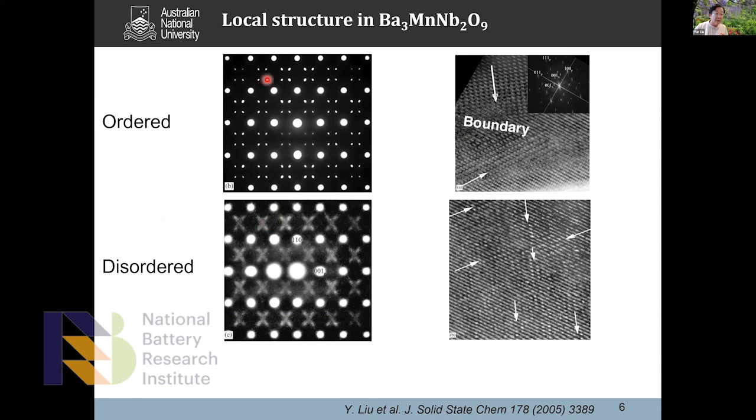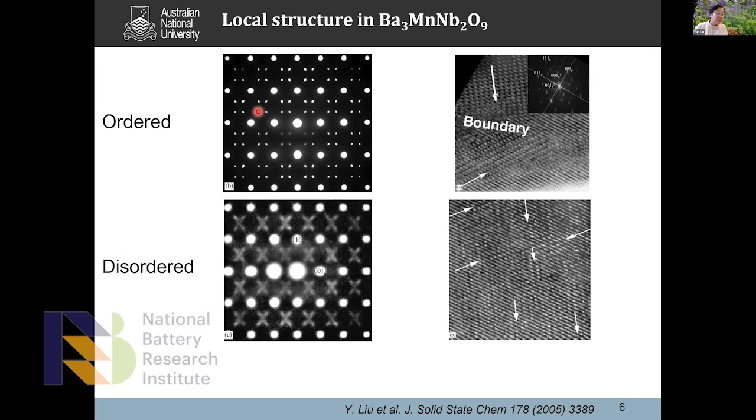You can see these two samples are quite different. One has only 4 dots, which is an ordered structure, because this one-third satellite diffraction is associated with the chemical ordering of magnesium and niobium, 1 to 2.